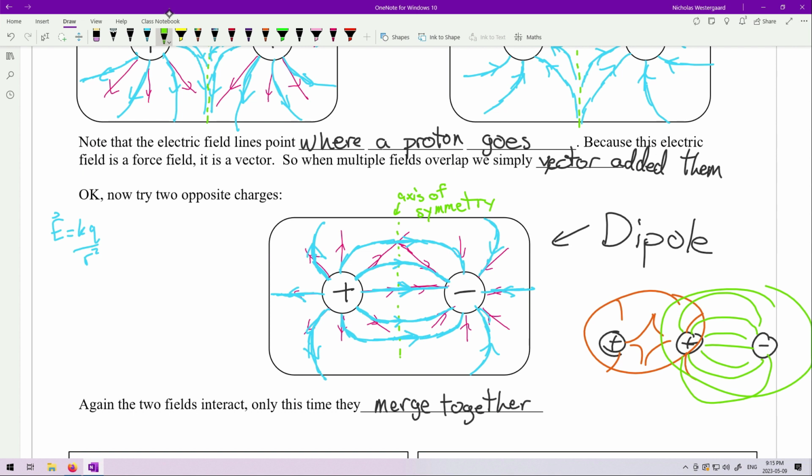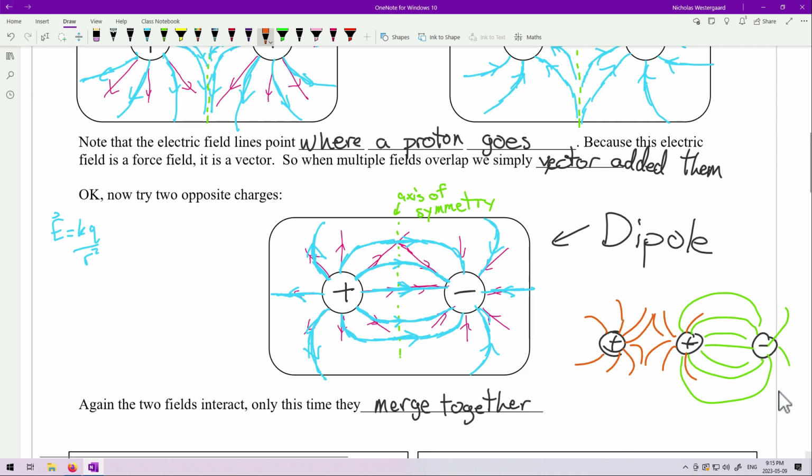And bam, we did it. We have now drawn an approximation of the electric field of these three charges simply by using our patterns of the different charges and seeing how they interact.